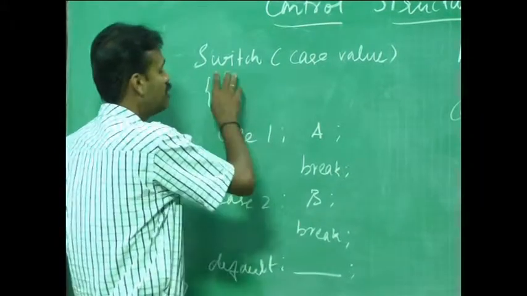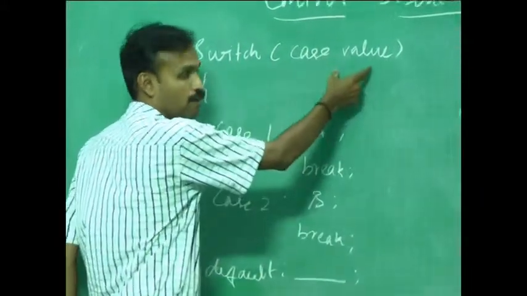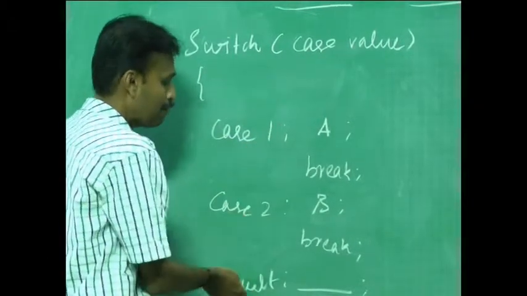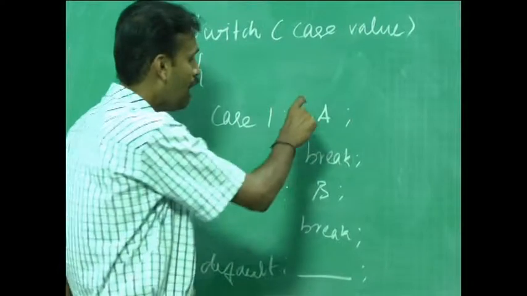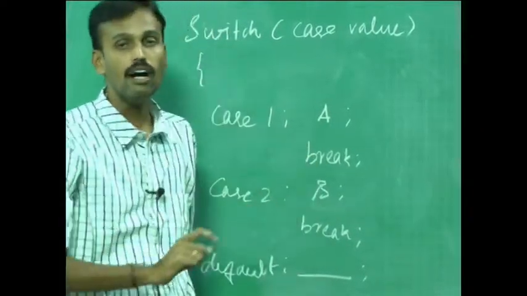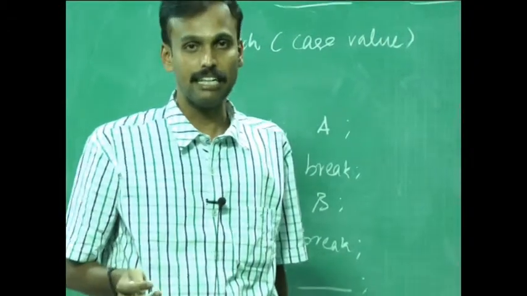So a switch case often operates on a case value. Based upon the case value I have here, it moves on towards that particular case. After having that particular case executed, we make a deliberate break out of the switch case construct.